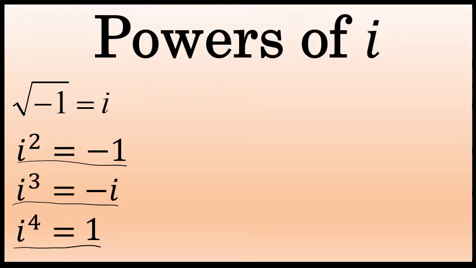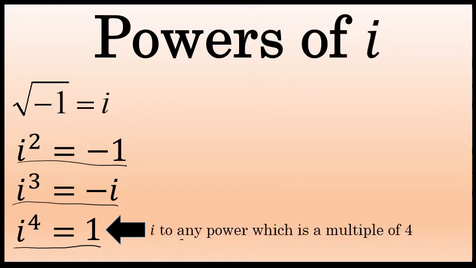Because, let's go from the bottom up. i to any power which is a multiple of 4 is equal to 1. So i to the 8th is exactly 1. i to the 12th is exactly 1. i to any power that is exactly a multiple of 4, like 40, is actually equivalent to the real number 1.